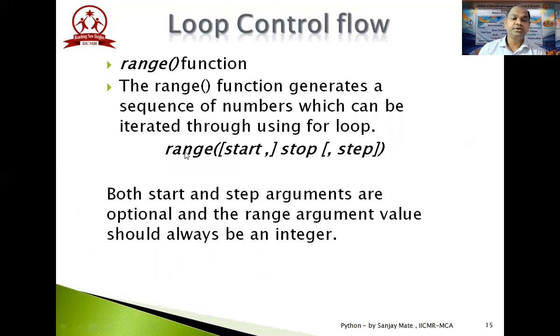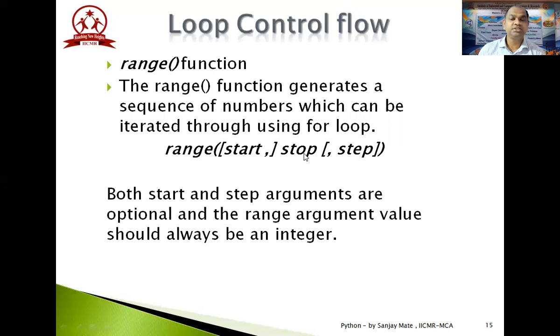Range is a built-in function with three parameters. Two parameters are optional and one is compulsory. They are: from where you want to start, where you want to stop, and how many steps you want to jump.